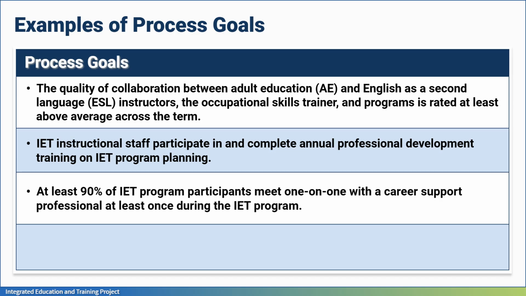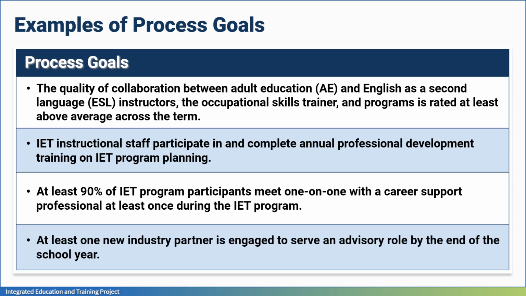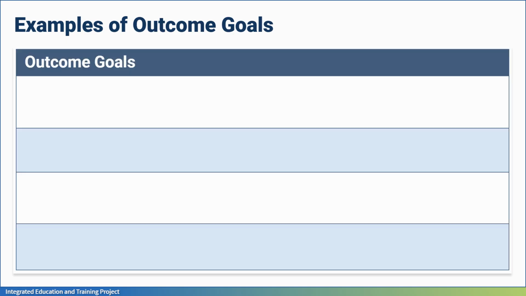At least 90% of IET program participants meet one-on-one with a career support professional at least once during the IET program. And at least one new industry partner is engaged to serve an advisory role by the end of the school year.